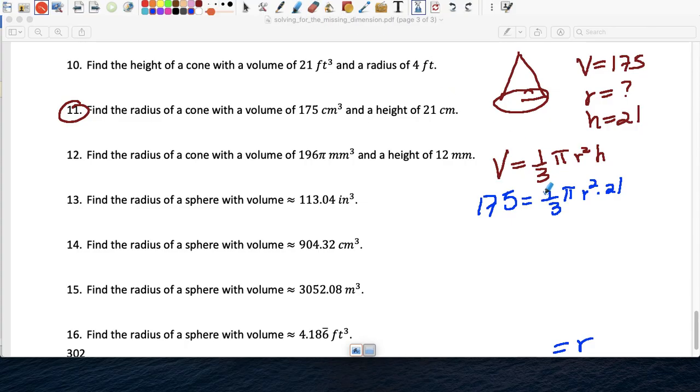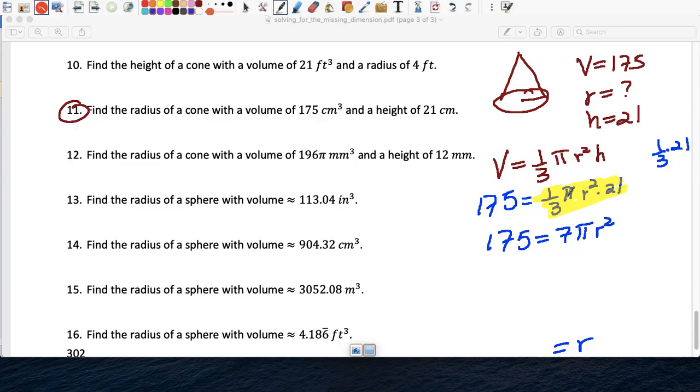So I'm going to take 1/3 and 21 and multiply them. 1/3 times 21 becomes 7. So on the right side, I'm going to write 7 pi r squared.